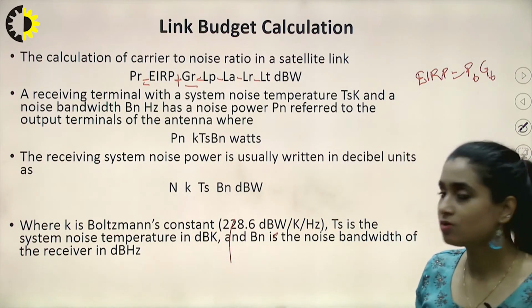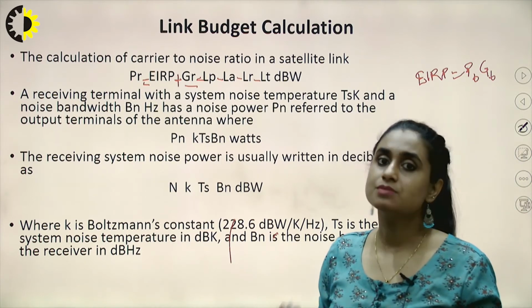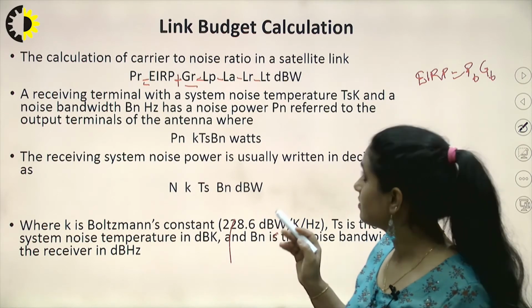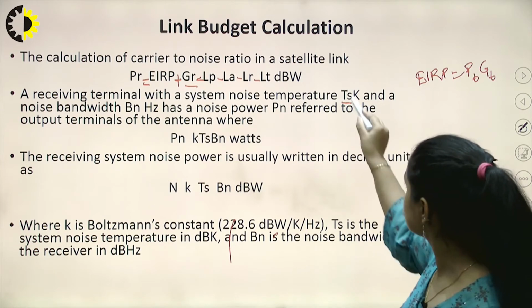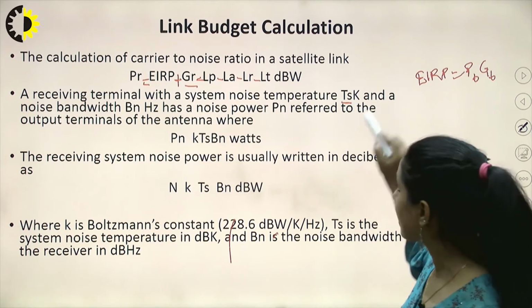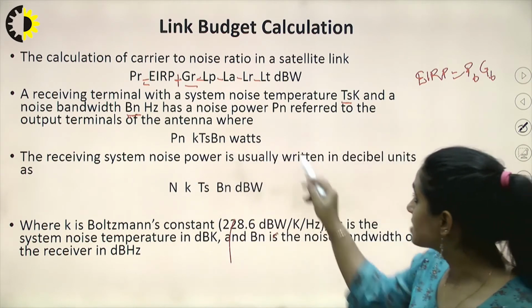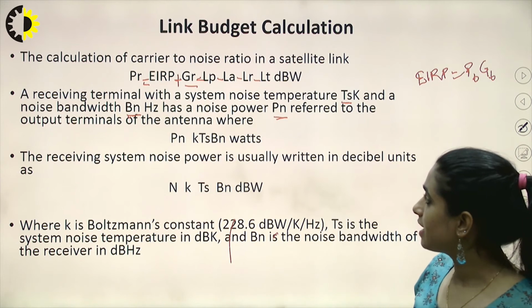Now if I talk about the system noise temperature, even the noise temperature is calculated in terms of power. So if we talk about a receiving terminal with a system noise temperature Ts Kelvin, and a noise bandwidth Bn Hertz, it has a noise power Pn referred to the output terminal of the antenna.